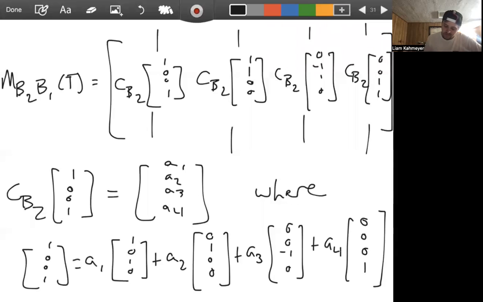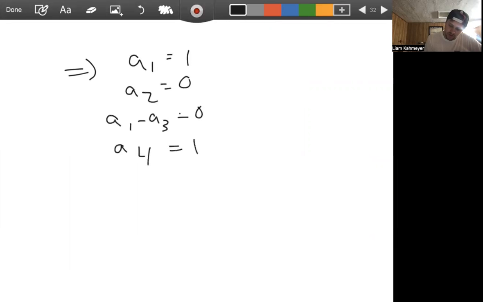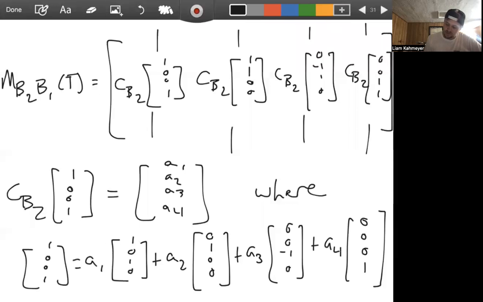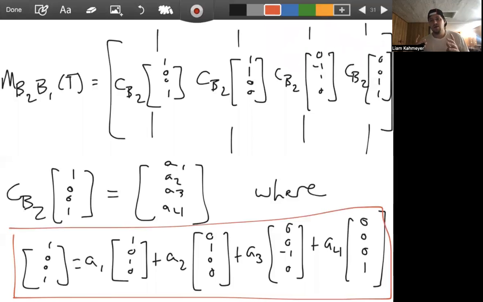Now, if you look at this, we get the following system. From the first component of this equality, we get that A1 is equal to 1, A2 is equal to 0, A1 minus A3 is equal to 0, and A4 is equal to 1. This system came from looking at the equality component-wise. If you read off the first component, you have 1 equals A1.